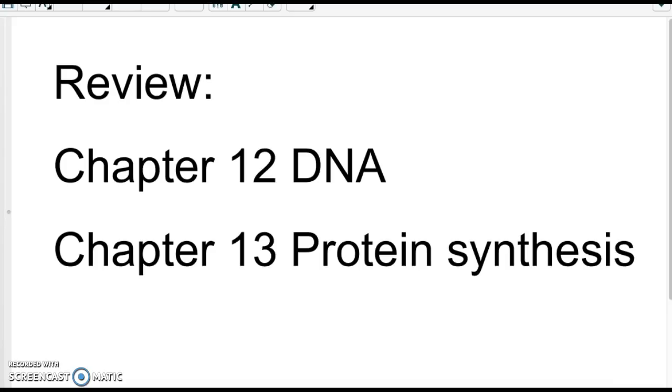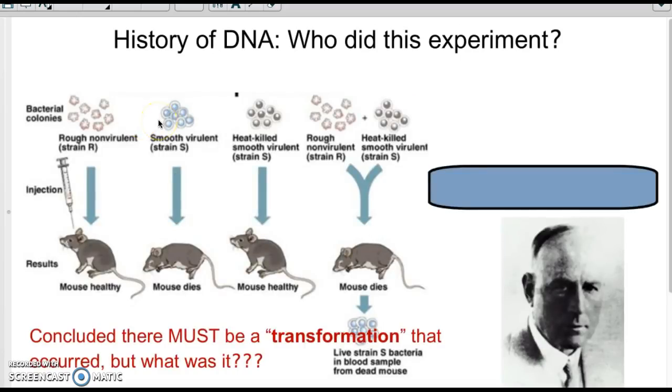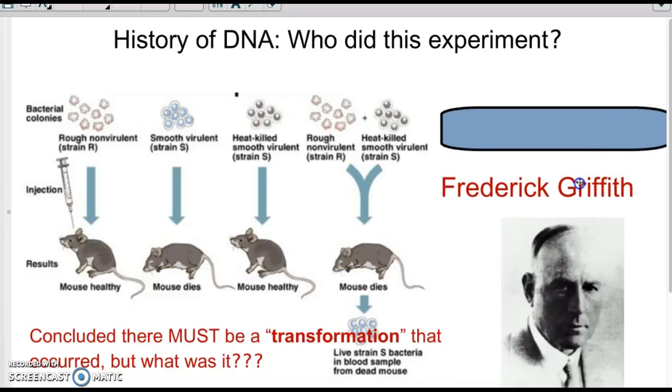So first of all, you should have reviewed at the beginning of this unit the different scientists involved in the discovery of DNA. You should have learned about a scientist named Frederick Griffith. He discovered the process called transformation.